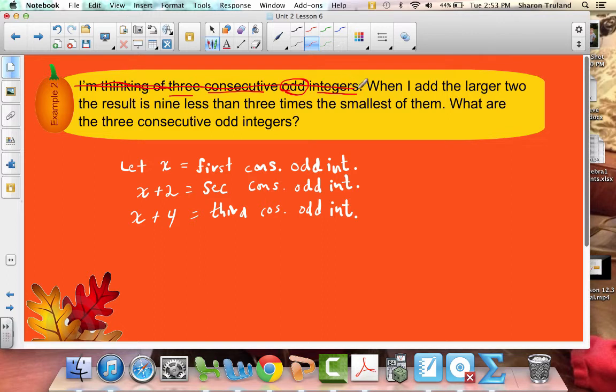Now, what do they want me to do with these 3 numbers? When I add the larger 2, well, my larger 2 are x plus 2 and x plus 4. Those are the 2 bigger ones.